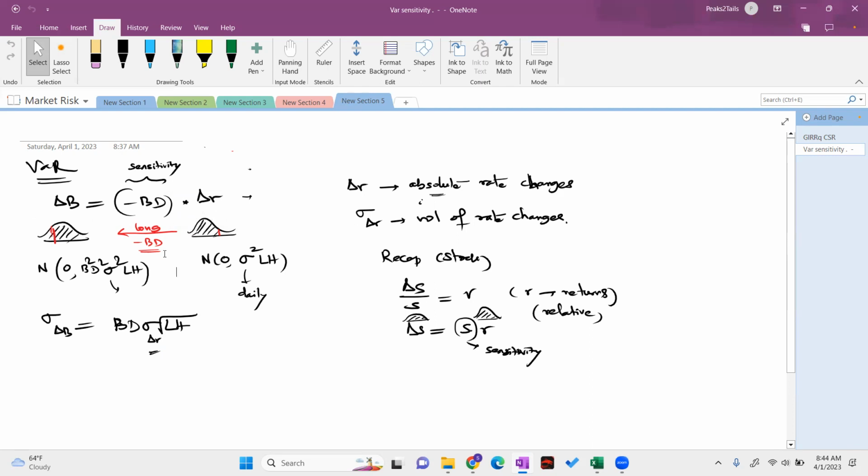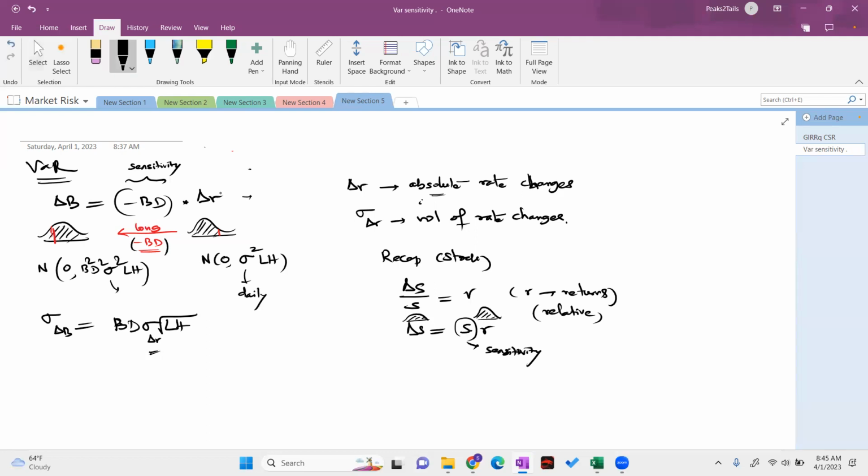So if you are long, your sensitivity is negative. If you are short, your sensitivity will be positive. You want interest rates to go up, so bond price will go down and you will benefit from that. Make sense? Did I answer your question?